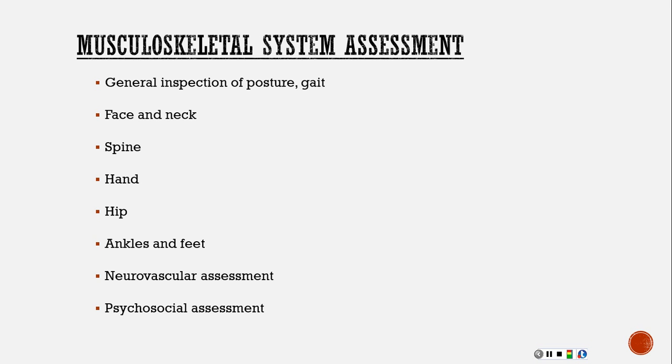All right. So, with gait, we look at the balance, steadiness, ease of stride. Posture is a big part. We look at posture, a person's alignment when standing and walking. All right. When dealing with the face and neck, we want to assess for TMJ.